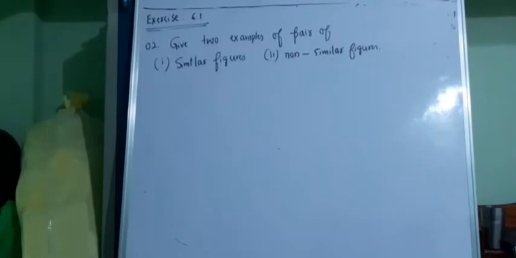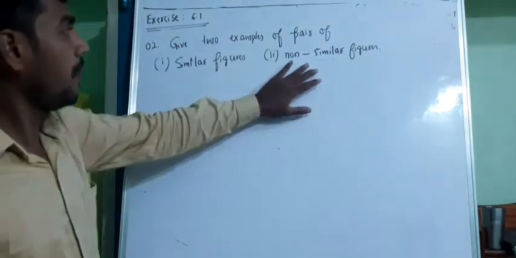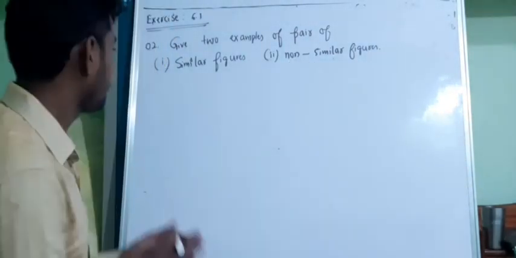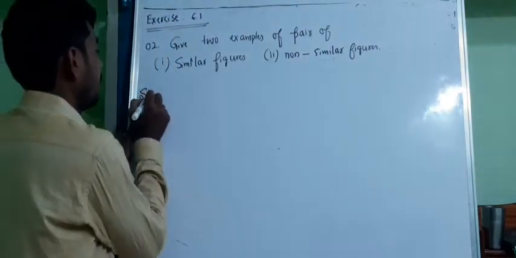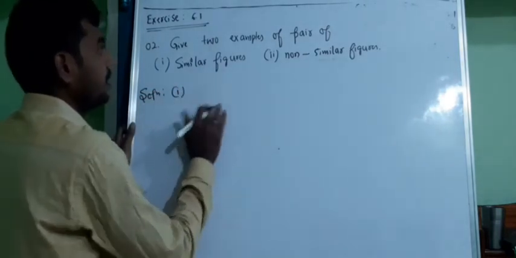Second question: give two examples of pair of similar figures and pair of non-similar figures. First, pair of similar figures.